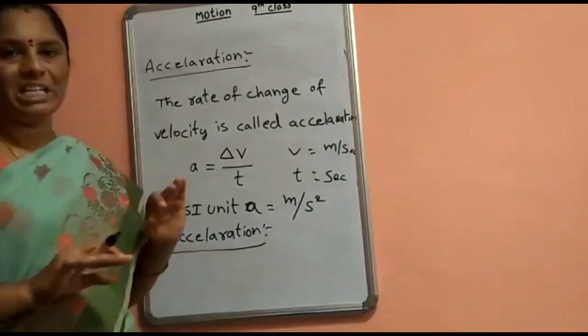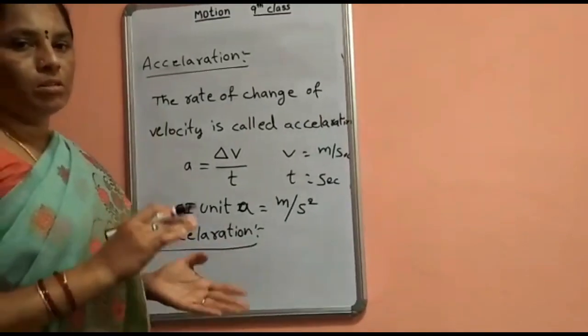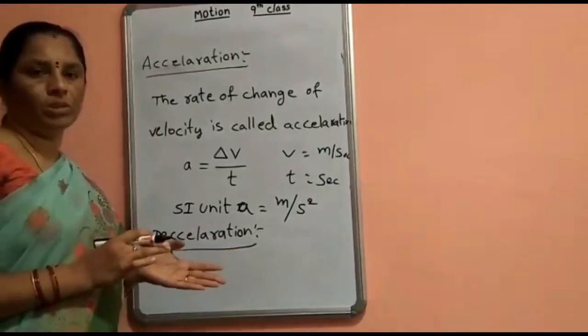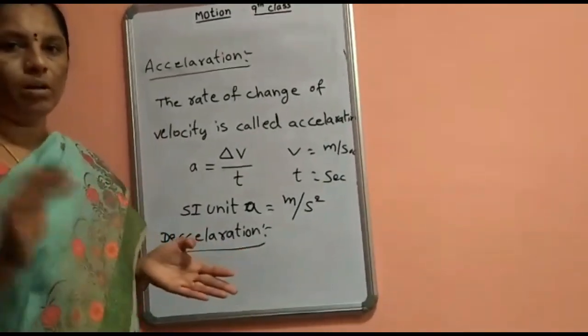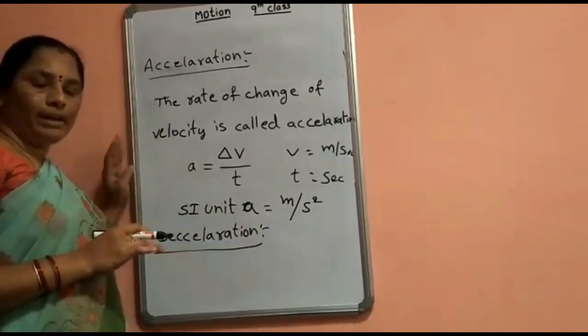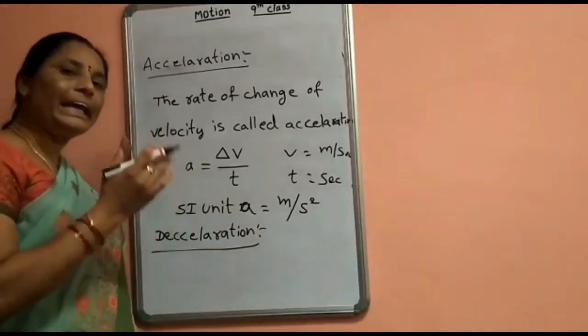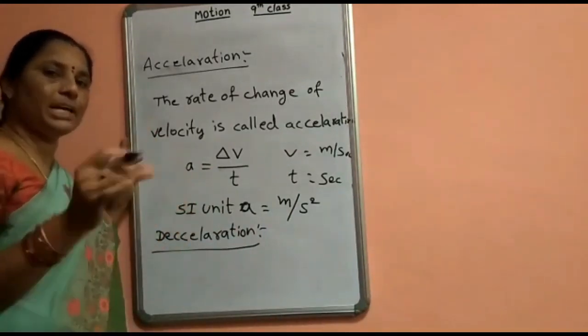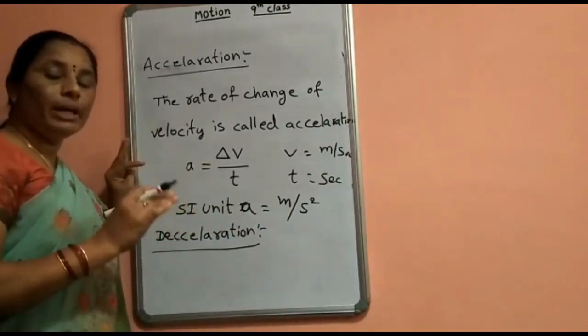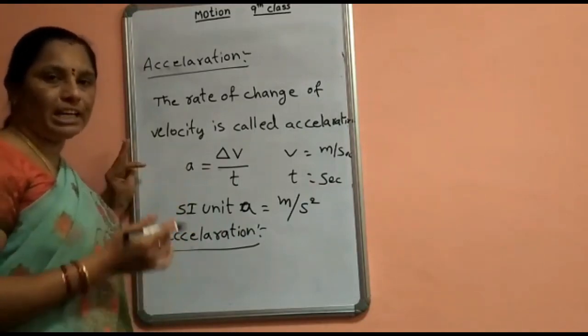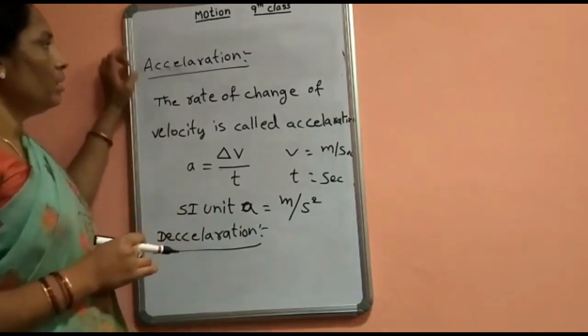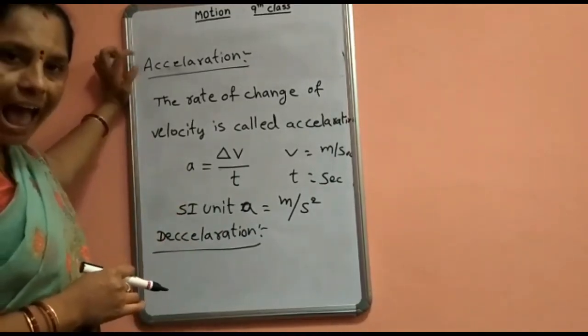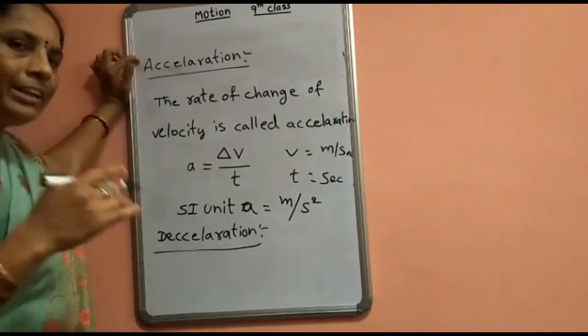When a train is moving from one station to another station, the velocity is increasing. Then the velocity change is called acceleration.